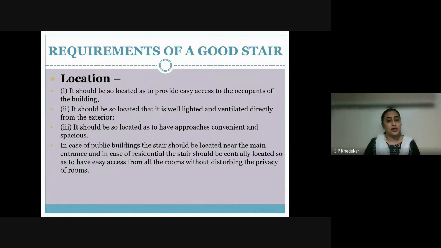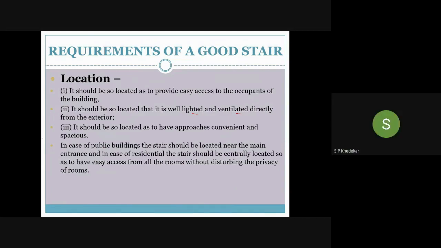It should be located so that it is well lighted and ventilated directly from the exterior. As far as possible, there should be windows at the staircase level so that it is properly lighted and ventilated, and it should be located so as to have convenient and spacious approaches.